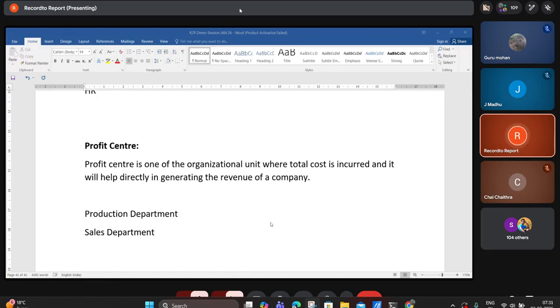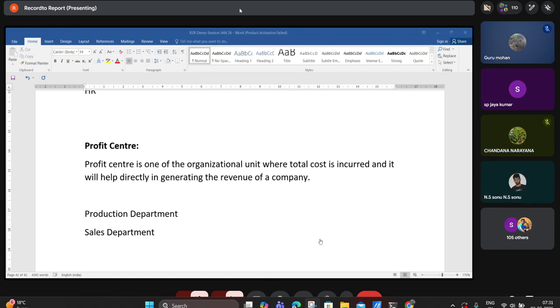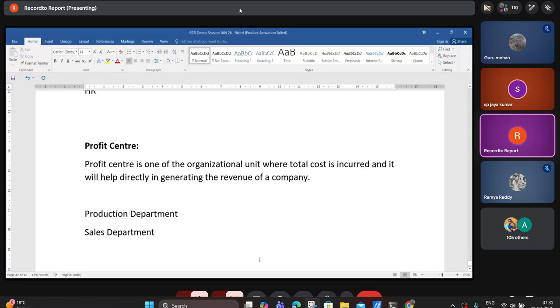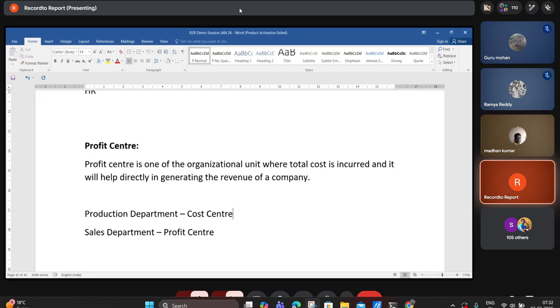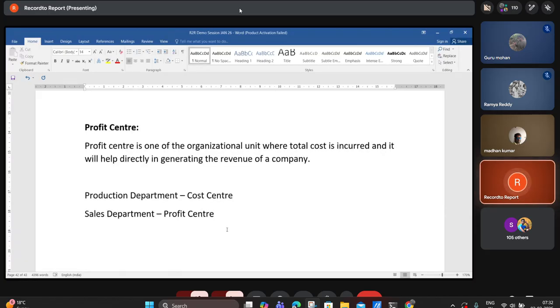Is it production or is it sales? Sales. So the sales department will be called a profit center. And the production department will be called a cost center.